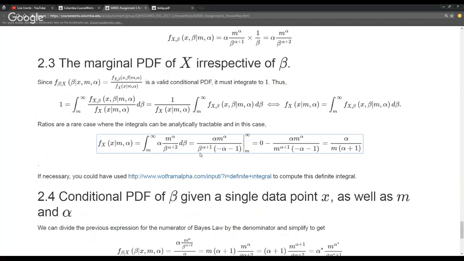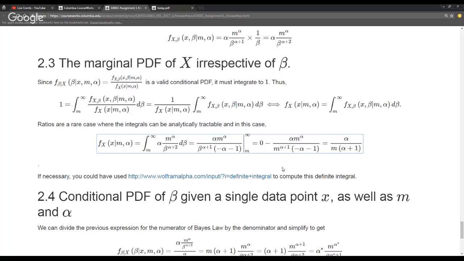So if I put infinity in for beta and alpha was positive, we're going to have infinity in the denominator. So that's just going to be 0. And then I subtract the value of this if I insert m for beta. In that case, I get this expression here, which simplifies, if you take the negative and switch this piece around, to alpha divided by m times the quantity alpha plus 1.